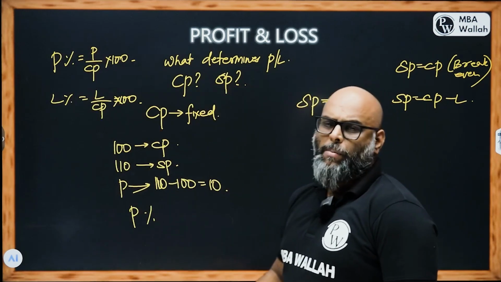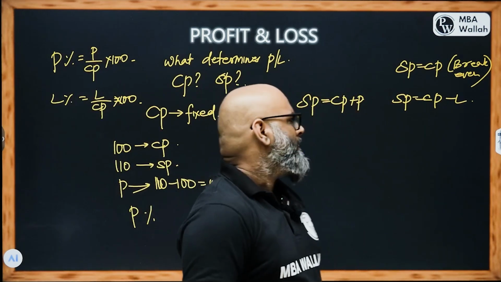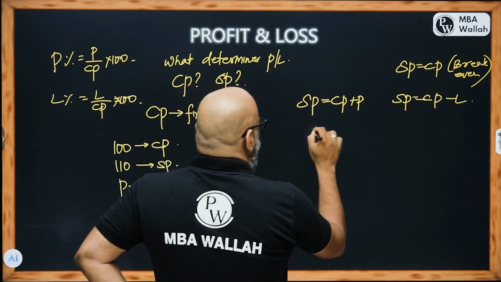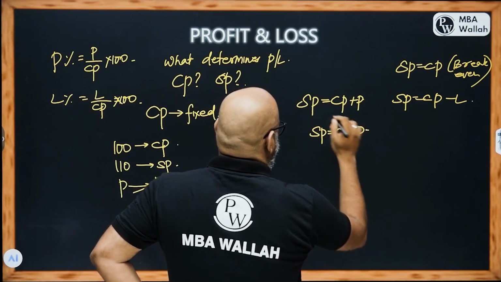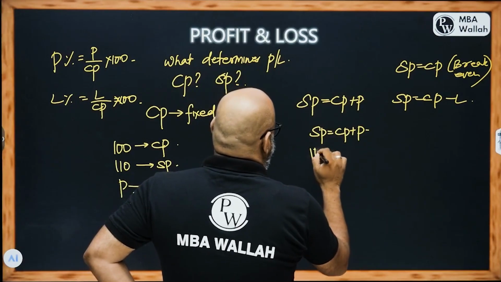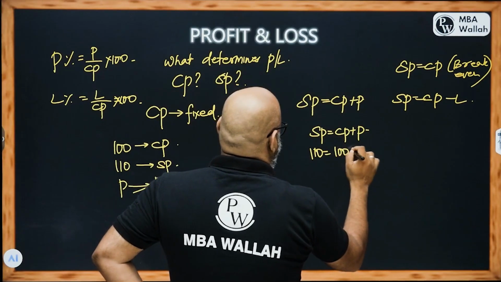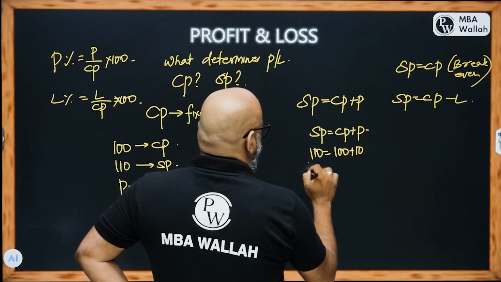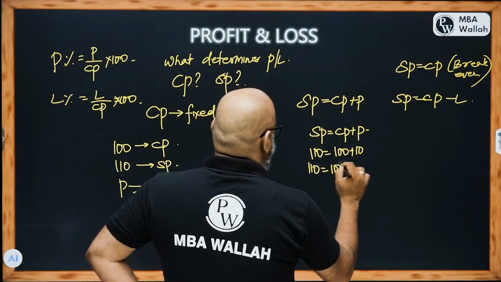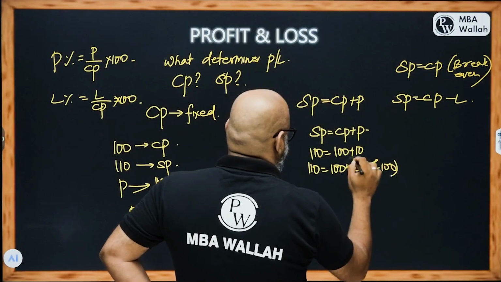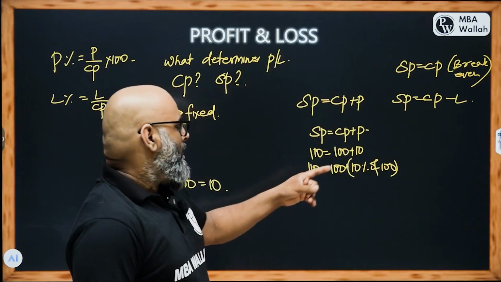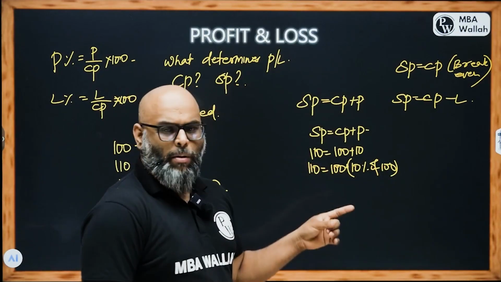So how do I write an equation? We can write this as SP is equal to CP plus P. 110 is equal to 100 plus 10, or 110 is equal to 100 plus 10% of 100. I know my 100 is cost price, 110 is selling price.